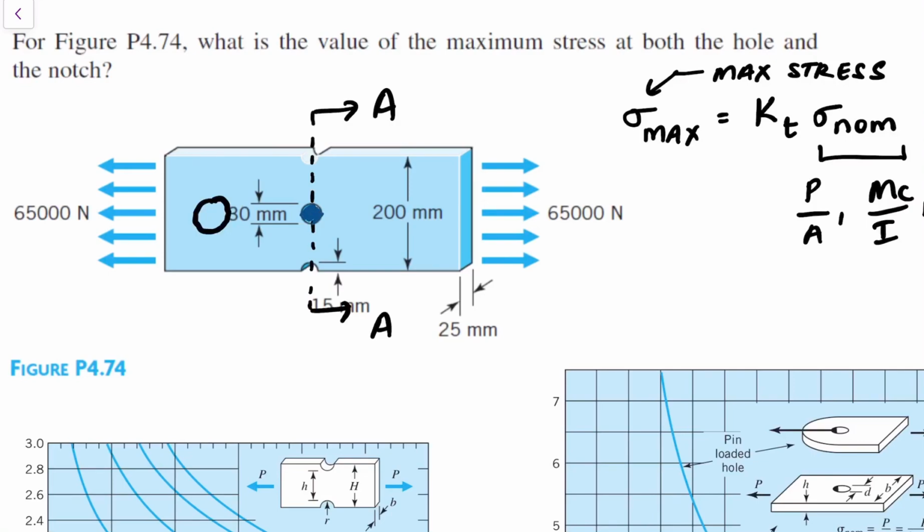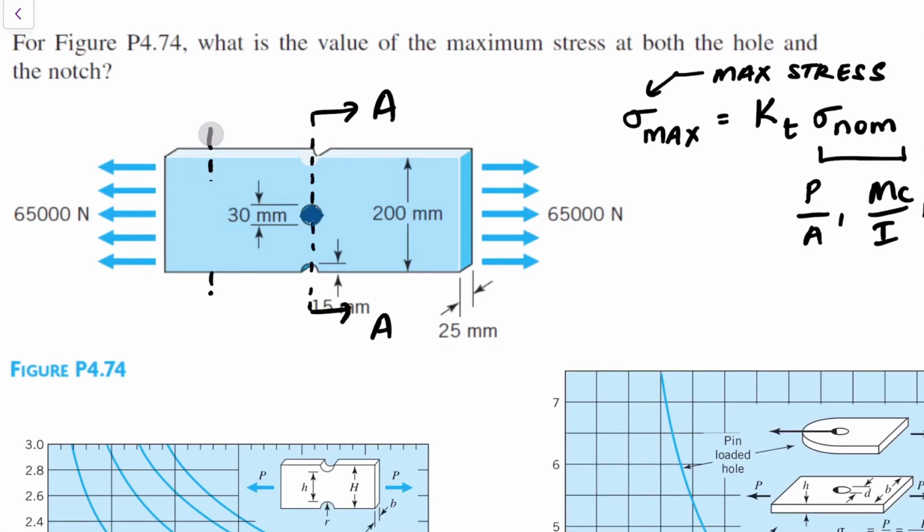One over here, that would just be 200 minus the diameter of the hole, and the sigma nominal for the notch would be 200 minus the 2 radii of the notches. Okay.